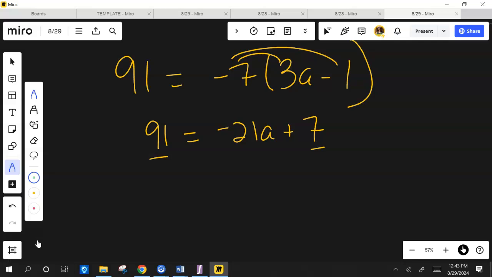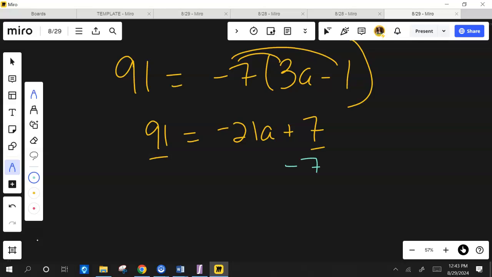What do I need to do? Look at it. What do I do first to get A by itself? Subtract 7, right?